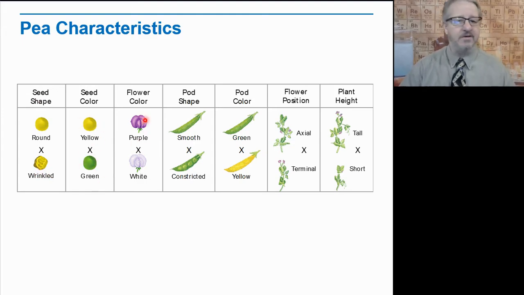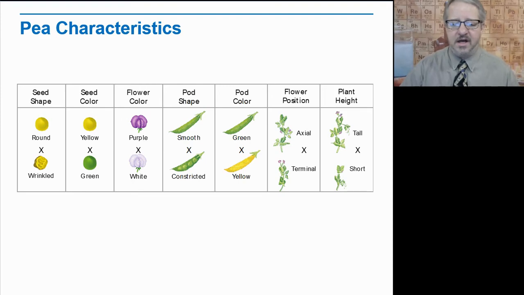Some of the plants had purple flowers, some had white, some had a smooth pod shape, some had constricted or wrinkled. The pod color could be either green or yellow, depending on the strain. And the flower position, where the flower was located. Was it located in the middle of the plant or the bottom of the plant, or was it located up at the very tippy top of the plant? And also plant height seemed to be consistent across generations as well. So those are the 7 different characteristics that he looked for in his plants, and he used combinations of those to cross the different strains to see what would happen.